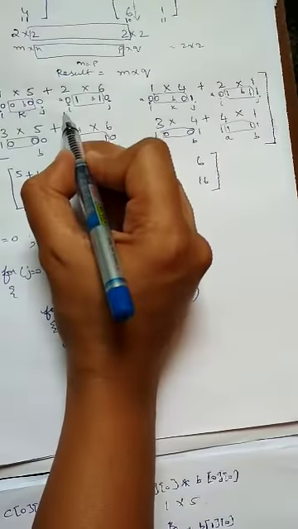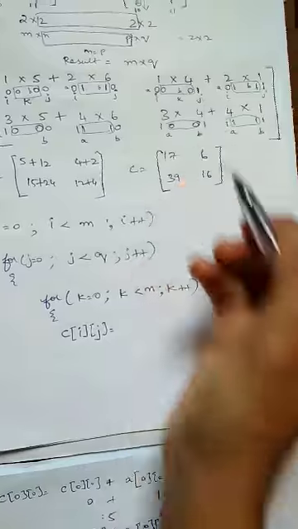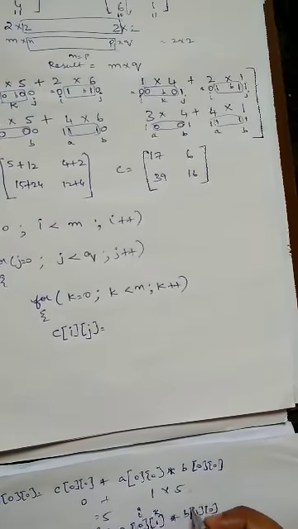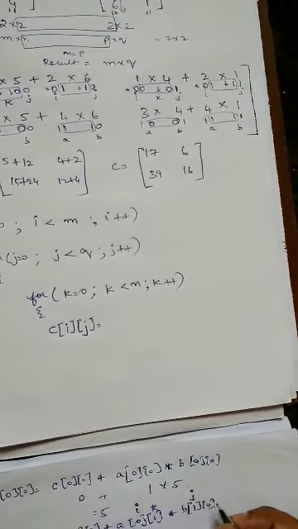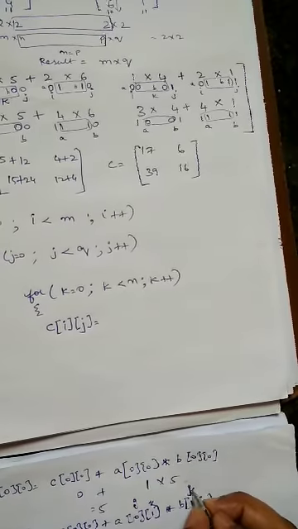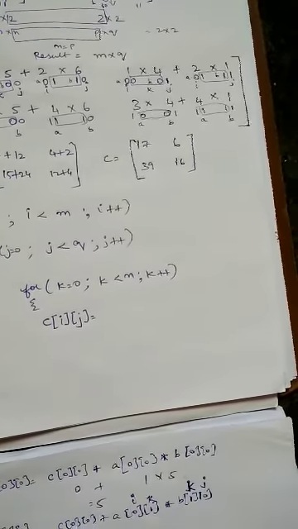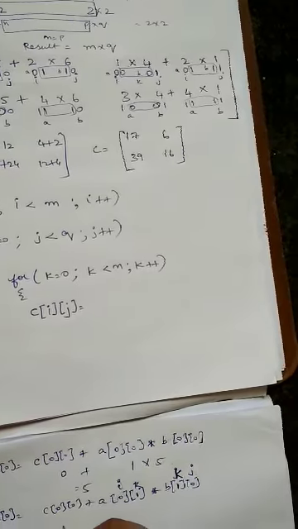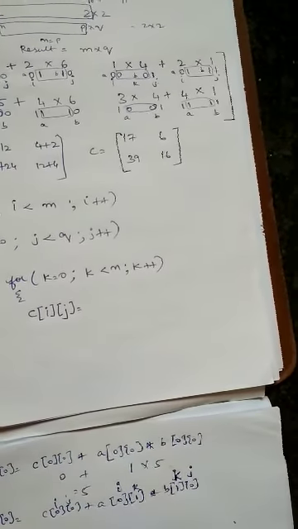This is what we wrote here, 1 0 1 1 0. So this is nothing but i, this is nothing but k, and this is nothing but j.